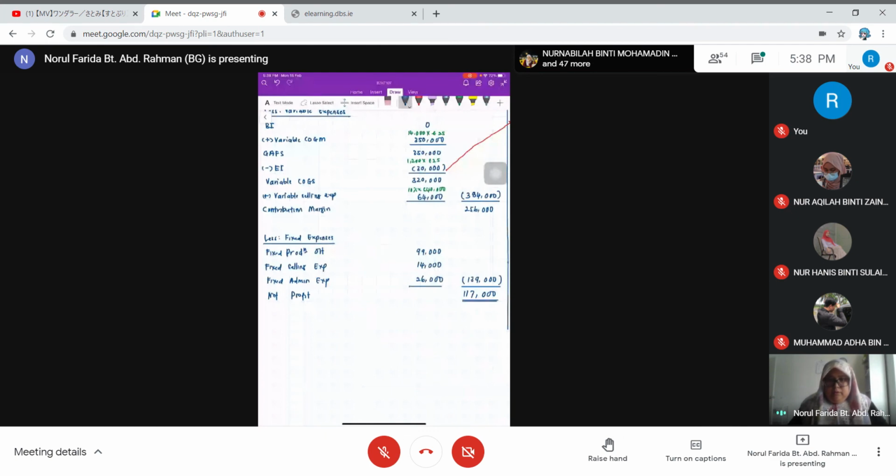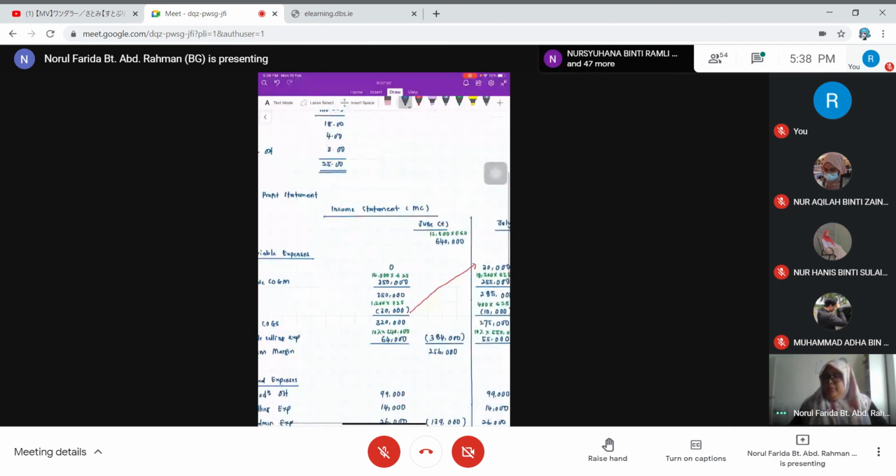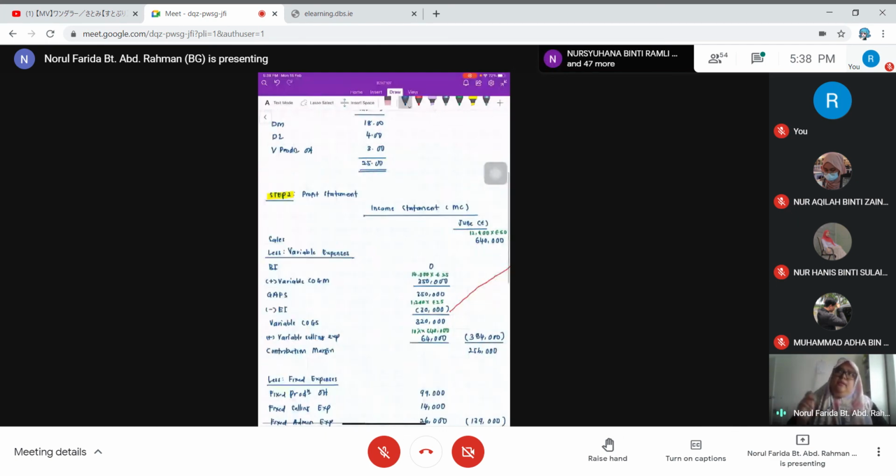Alright. Okay. So that is you punya method untuk calculation of profit statement of using absorption costing and marginal costing. Saya nak sebut variable je. Okay, marginal. Biasakan diri menyebut marginal.